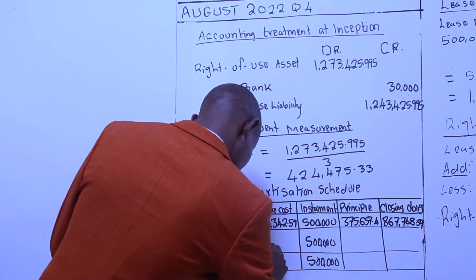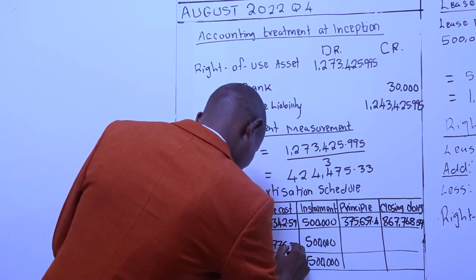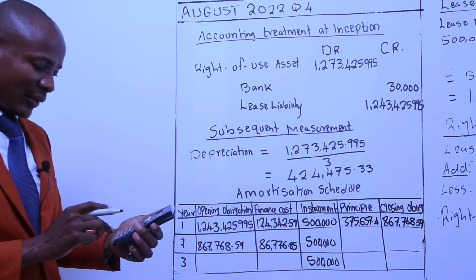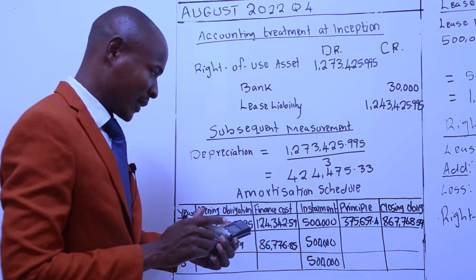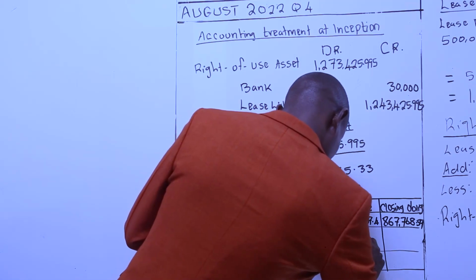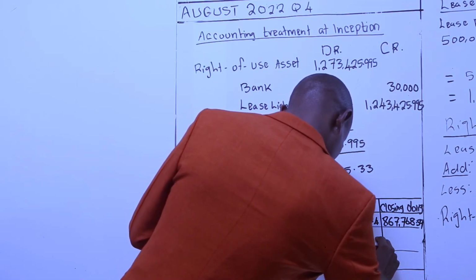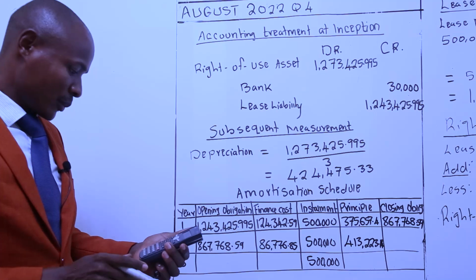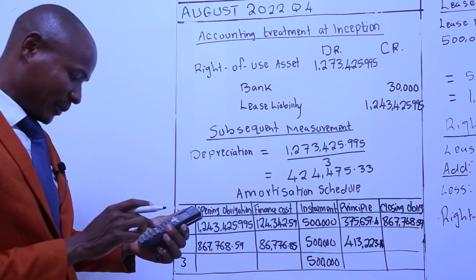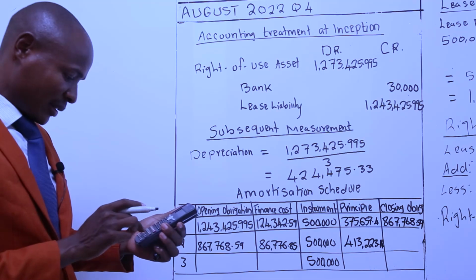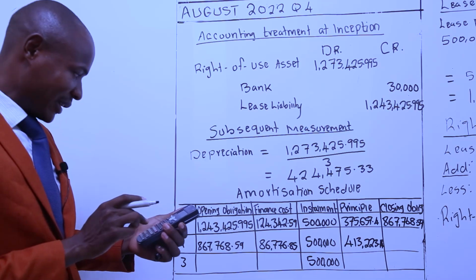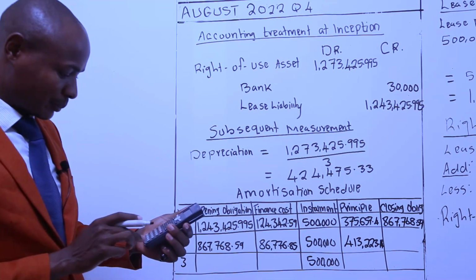86,776.859, then 500,000 minus that answer, 413,223.14. Then we take 867,768.59 minus that answer.